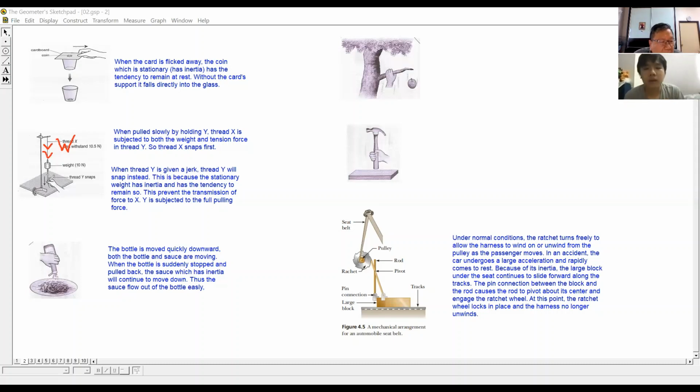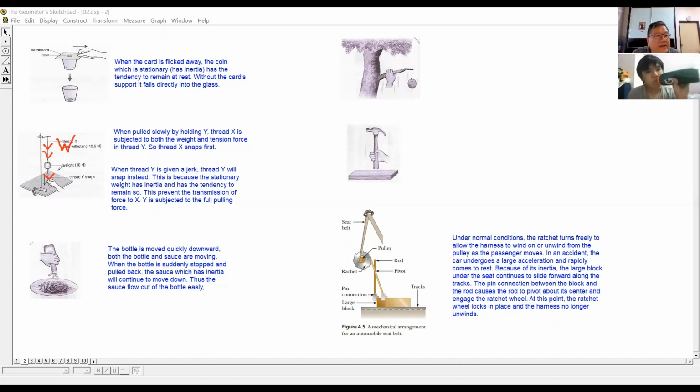Whereas the string at the bottom has only one force, the force exerted by the hand. The weight is at the top, so the weight doesn't exert any force at the bottom; it only exerts a force at the top.